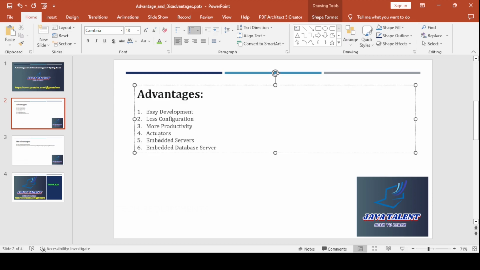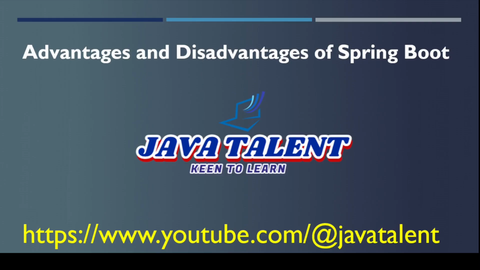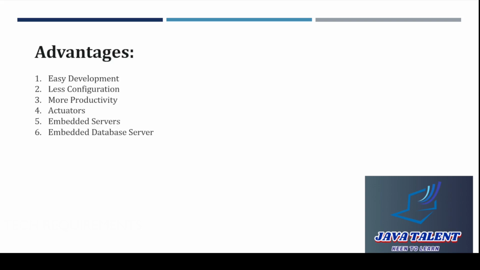Now, next point is actuators. What are actuators? Actuators are predefined useful features which are used for every application. Actuators bring production-ready features to our application: monitoring our application, gathering metrics of our application, like understanding the traffic, and the state of our database become trivial.